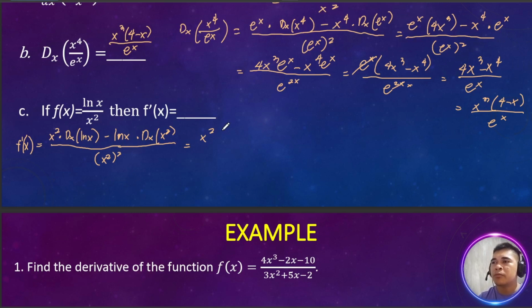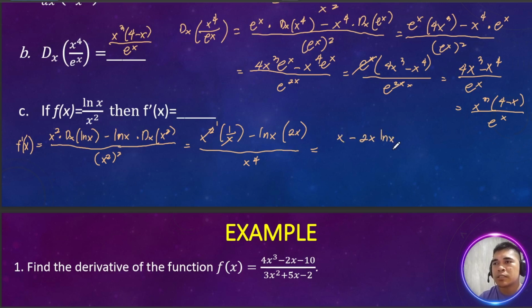The derivative of ln x is 1 over x, minus ln x times the derivative of x squared, which is 2x, all over x to the fourth power. Diba? 2 times 2, 4. So here, cancel. So remaining is x minus 2x ln x over x to the fourth power.